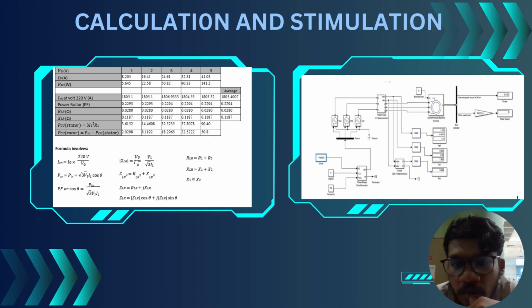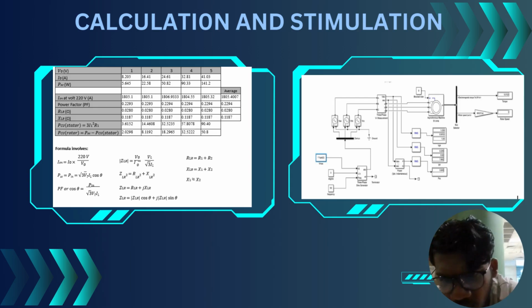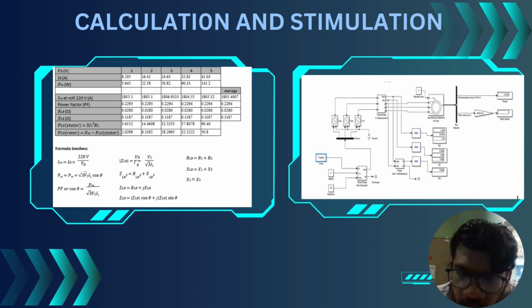Observed data for the three-phase induction motor blocked rotor test. For voltage 1, V phase 1, we get 8.205 I phase, and PSC is 5.645. For voltage 2, 16.41 ampere and 22.58 watt.